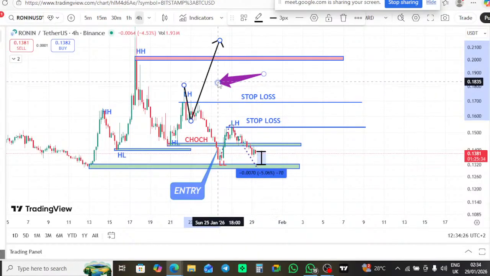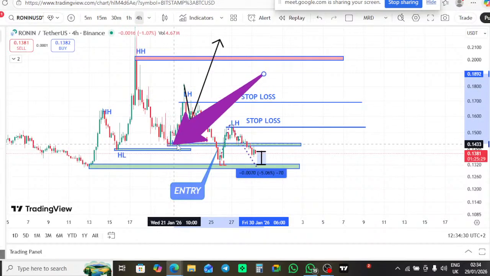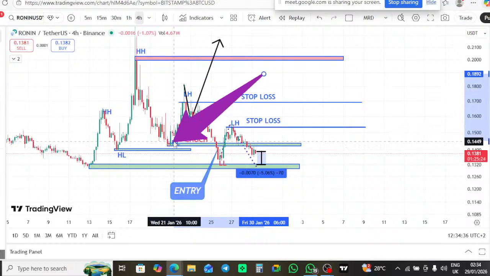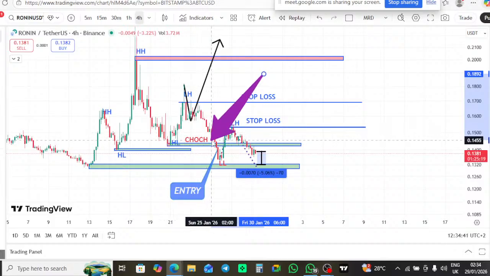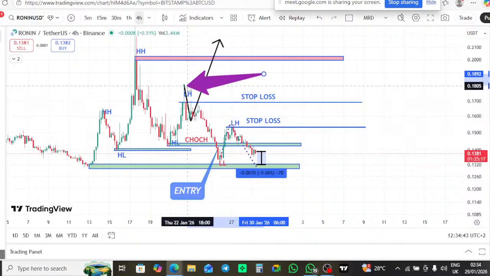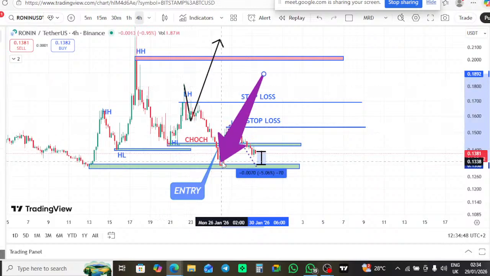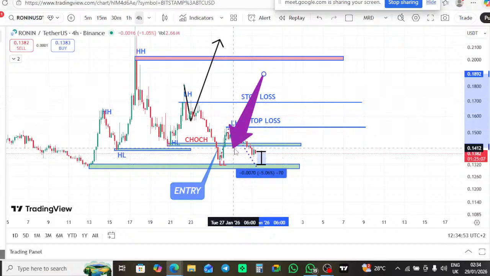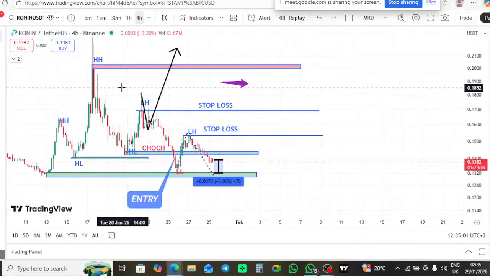So we are going to confirm the lower high after breaking the higher low by forming the change of character. That's when we will confirm and know, oh, this level now it is lower high. Now we are going to form a lower low. And we come back for a lower high. Stop loss here. We short the market up to the previous lower low. I think I have answered your question.